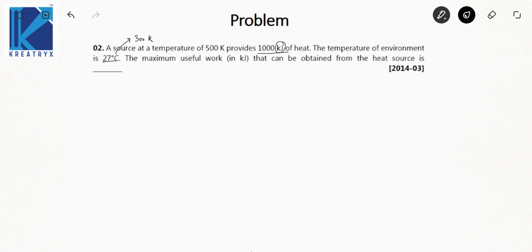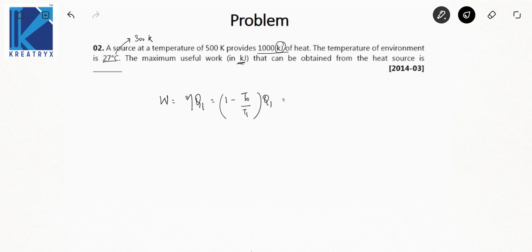Very simple, basic question, that we know that maximum useful work is obtained when a Carnot engine works between the heat source and the ambient. You must have studied this equation, that is 1 minus T naught by T1 into Q1. Put the values. You have to find the maximum useful work in kilojoules.